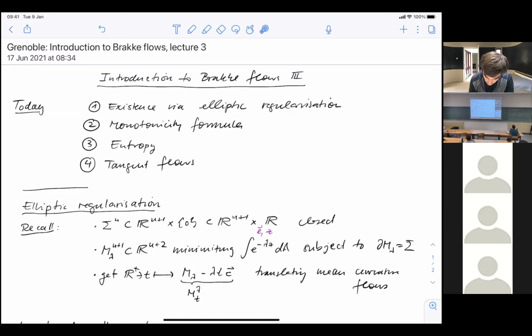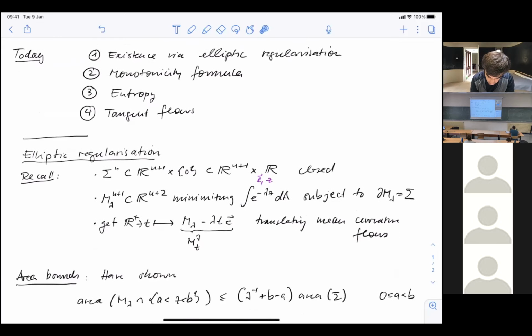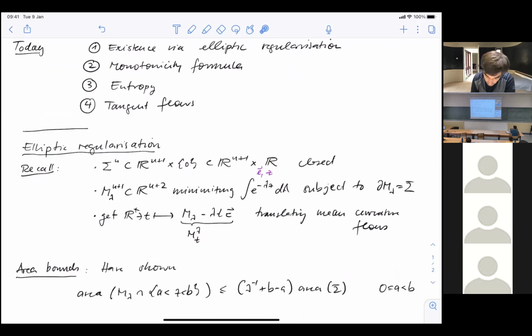Okay, now here we started with elliptic regularization. Let's recall the setup. This is our initial compact hypersurface sitting in R^{n+1}. For this elliptic regularization, we put R^{n+1} into R^{n+1} cross 0 inside R^{n+1} cross R, so R^{n+2}, where this additional artificial R direction has unit coordinate vector E, and the coordinate we call Z. Then the idea was we minimize this e to the lambda z functional subject to the boundary.